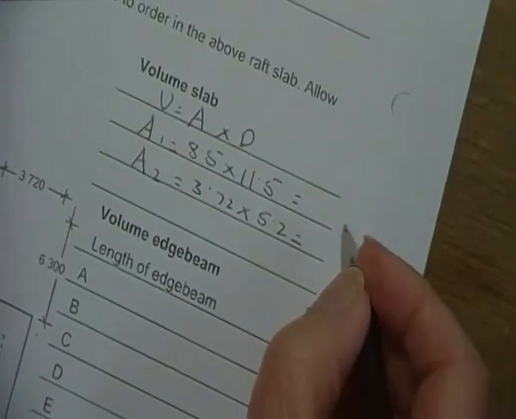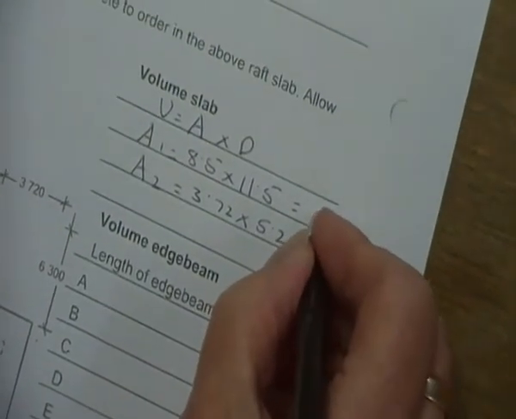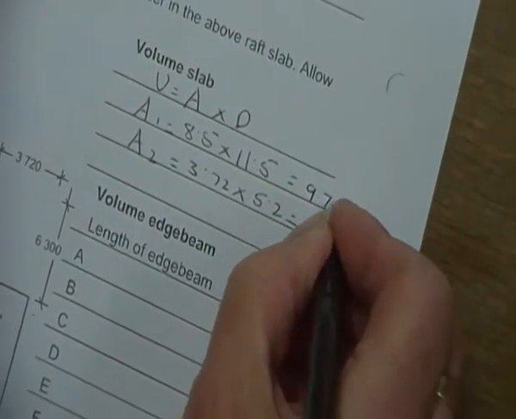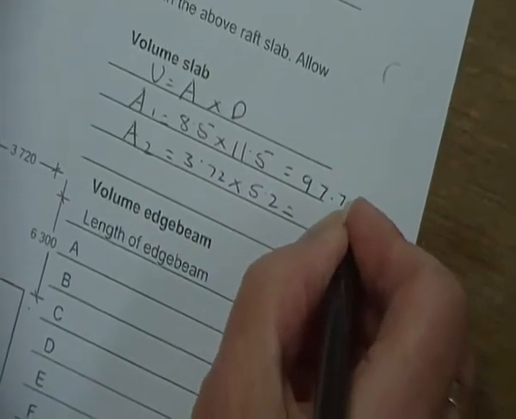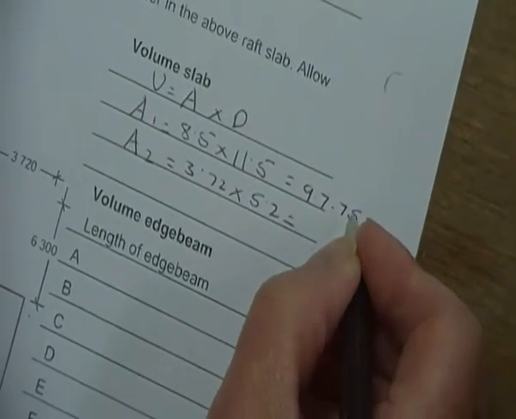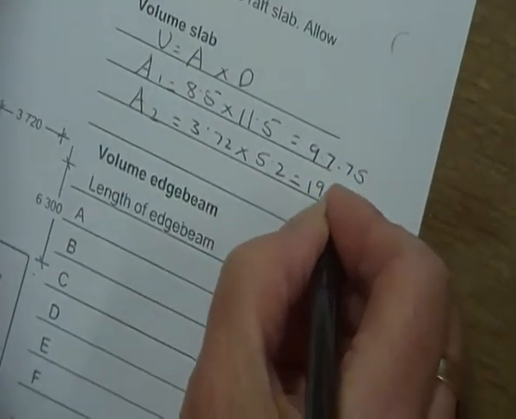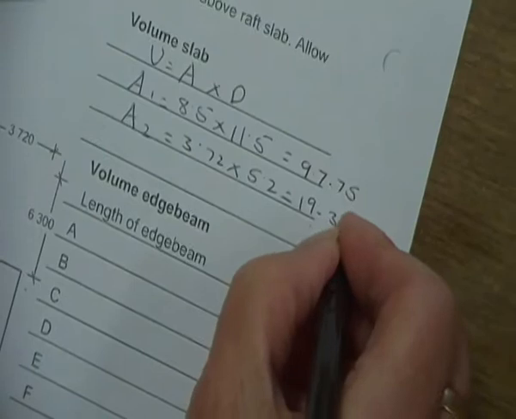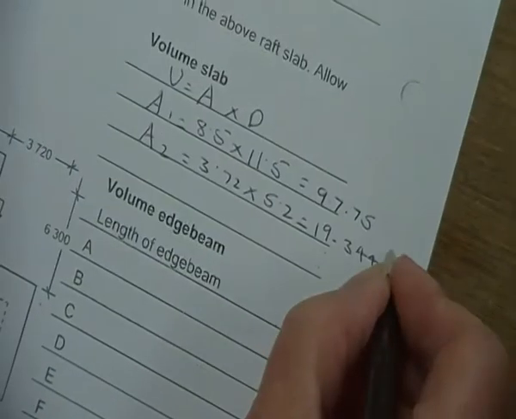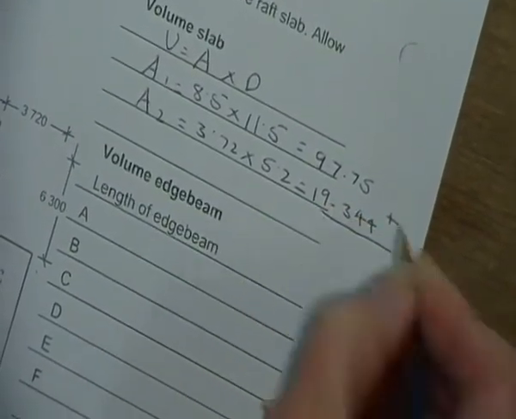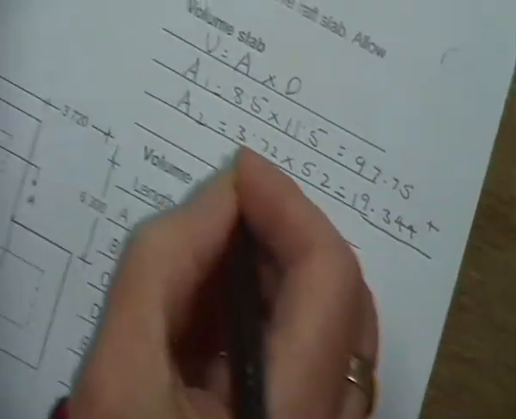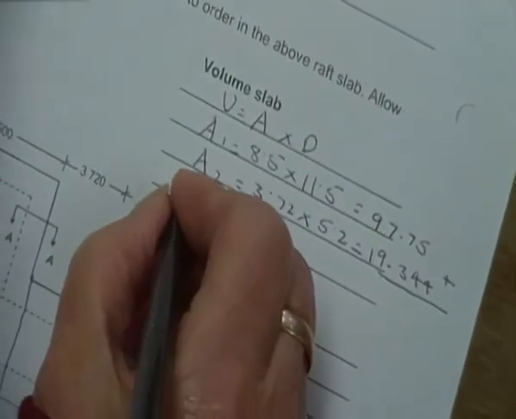Area 1 is going to be 97.75, and area 2 is going to be 19.344.